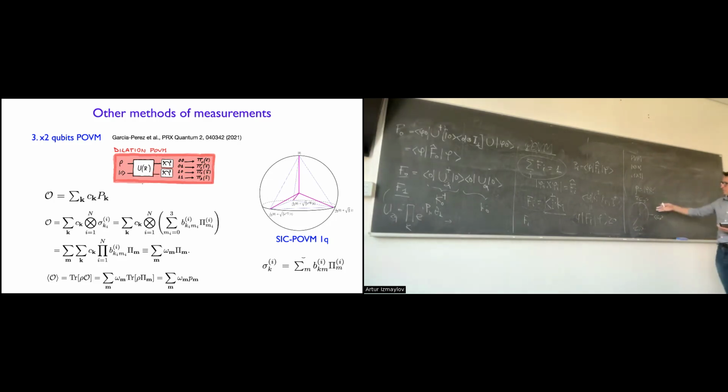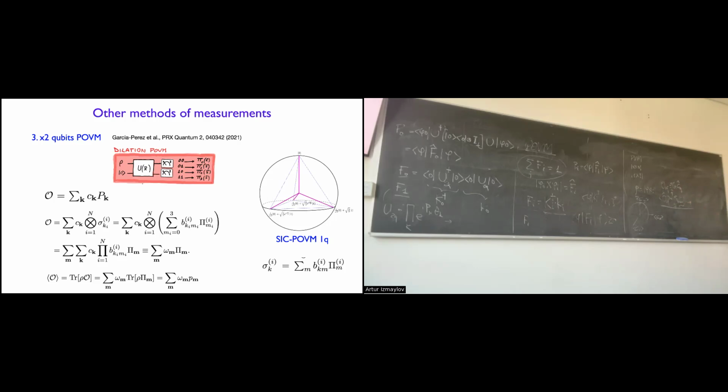Because then, if you know that, you could simply write that any single qubit operator's expectation value is the sum over sigma q with some coefficients coming from the operator. So we can always find the expectation value if we know these.